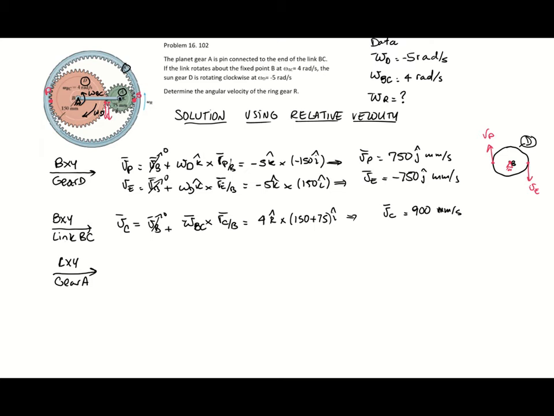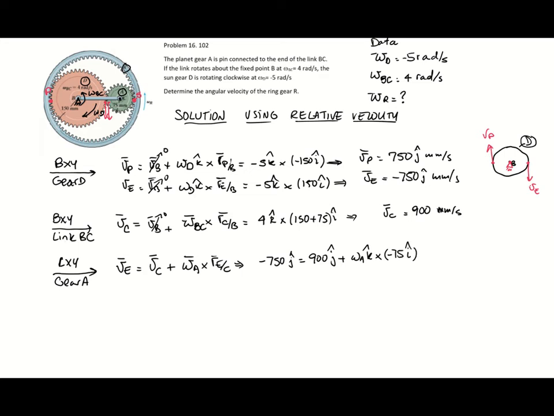So the velocity of E, which is known, equals velocity C, also known, plus angular velocity of A cross the distance of E with respect to C. The velocity of E is negative 750 j, which equals 900 j plus angular velocity of A in k cross the distance, which is negative 75 i.